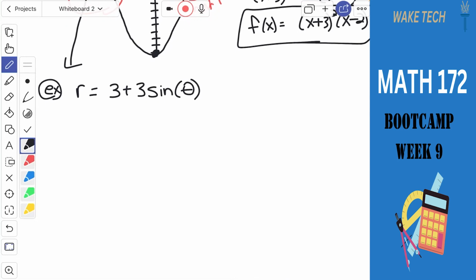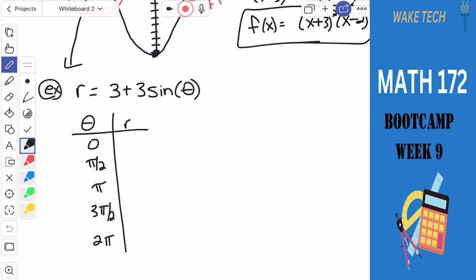What we can do, like we practiced a few minutes ago, is to create a table of values. The theta values we'll pick are 0, pi over 2, pi, 3 pi over 2, and 2 pi.